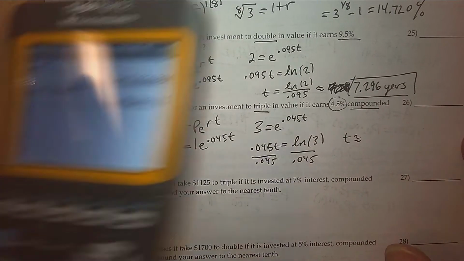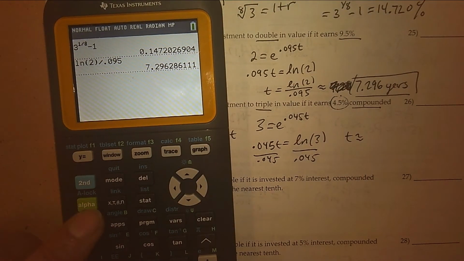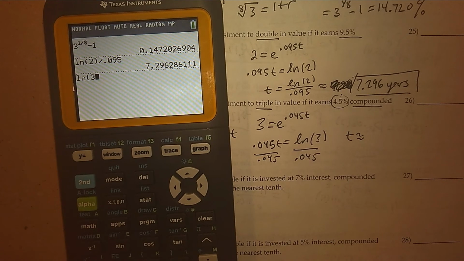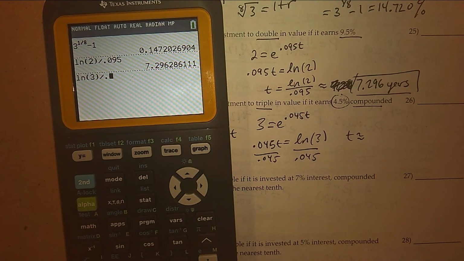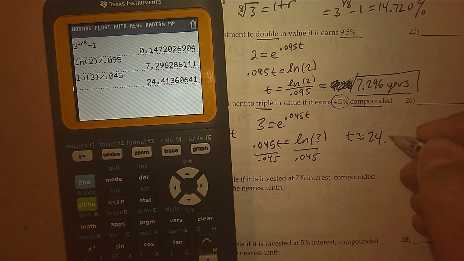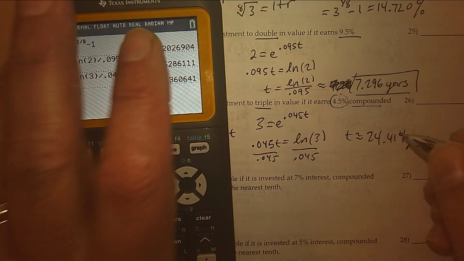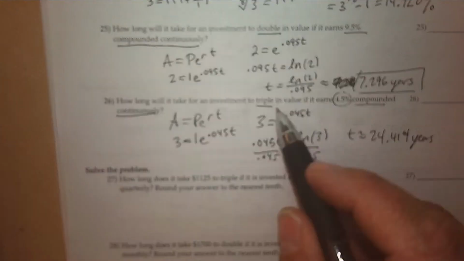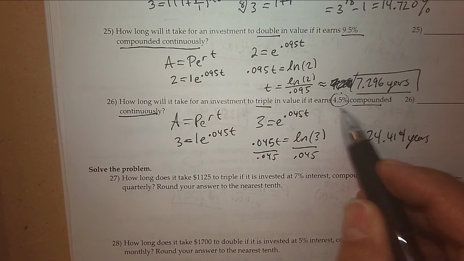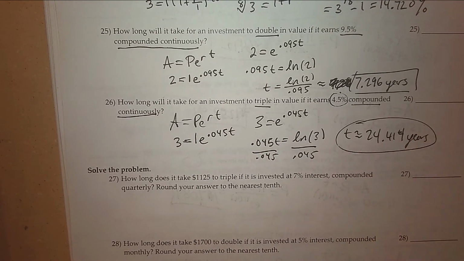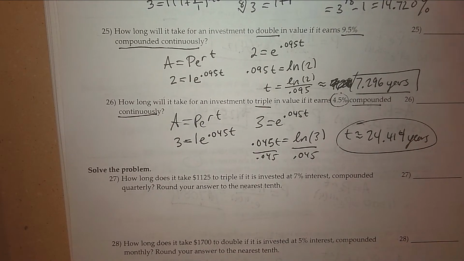So it's ln 3 divided by 0.045. So how long would it take? 24.41, I guess I'll round to 24.5 years. So if you want to triple your money and you get 4.5% interest, it would take 24.5 years to triple your money.